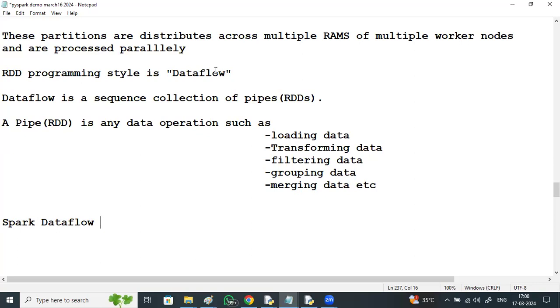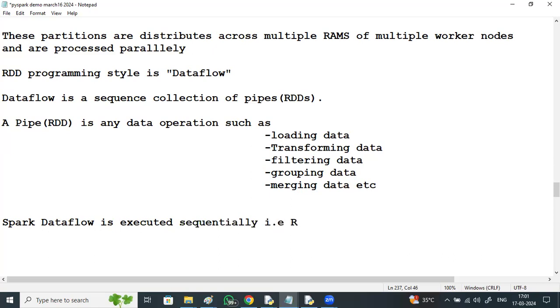All the pipes can't execute parallelly. The output of one will be the input to the next. So Spark data flow is executed sequentially.